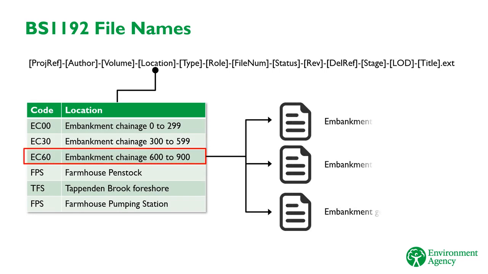Then it will show you all the information that relates to that location, because the files containing that information have been saved with the location code in the file name. You can use this for any of the fields, and filter by multiple fields at once if you want. This makes it very easy to locate information in the CDE using the BS 1192 file name.